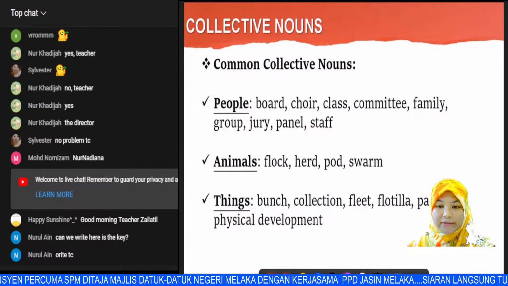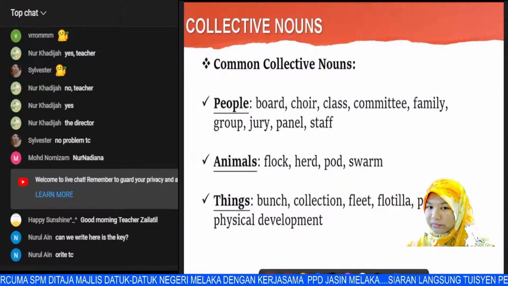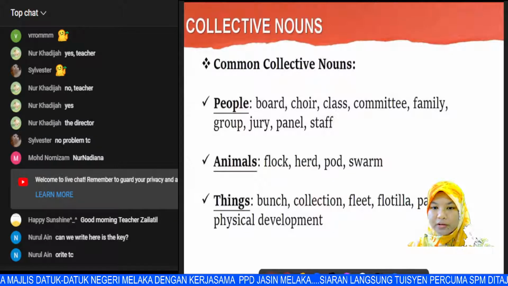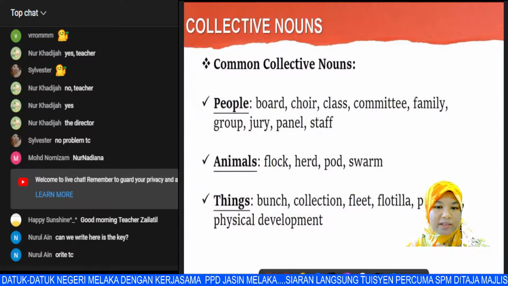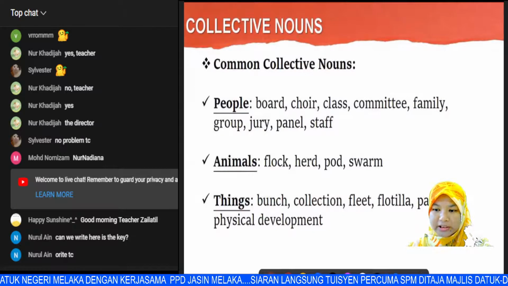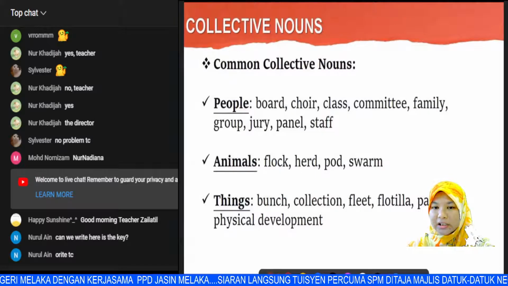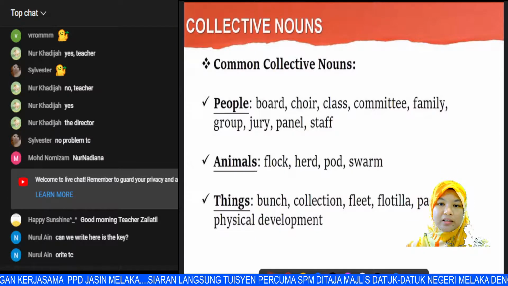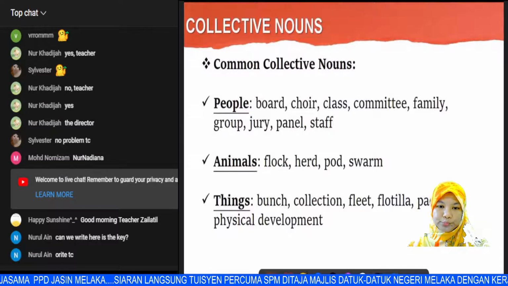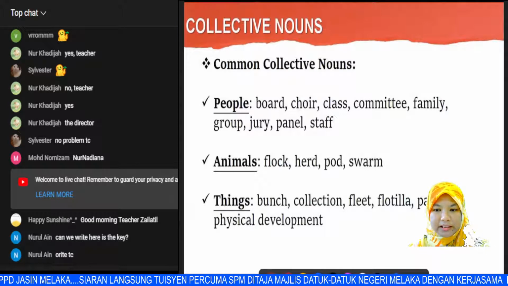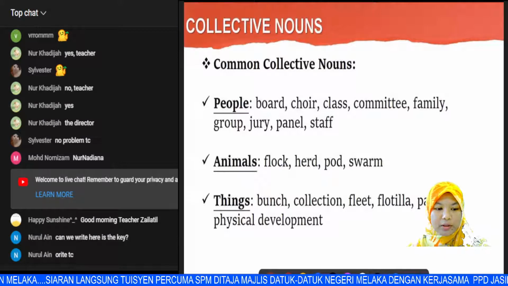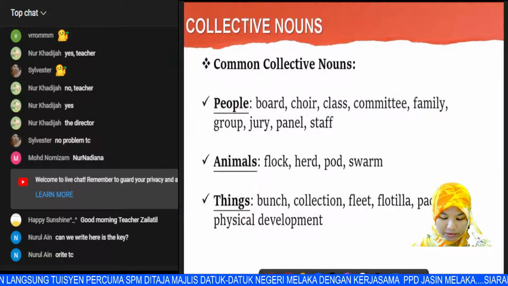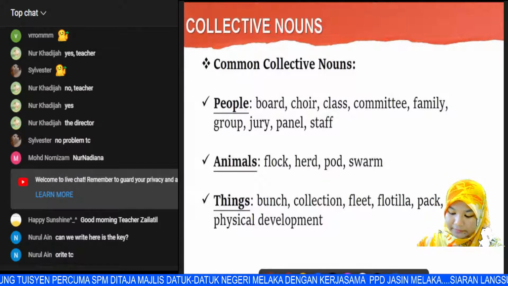Let's have a look at common collective nouns. For people, we usually use the expressions board, choir, class, committee, family, group, jury, panel, staff. The staff, the board, the panel, the committee member, it's all referring to an entire group of people. And then for animals, sometimes we use flock, herd, pod, swarm. Just now we also had a pack, right?